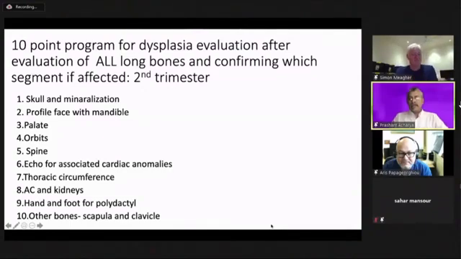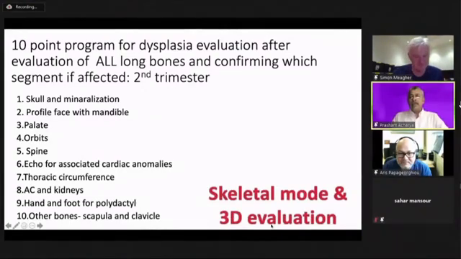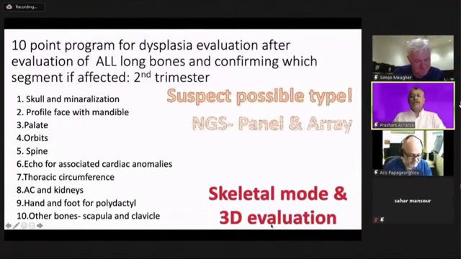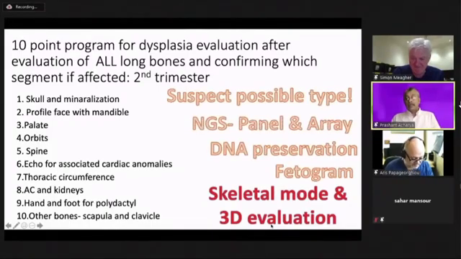You have got that checklist with you, and evaluation of the skeletal model by 3D and 4D with a VCI A plane in particular, and a 3D evaluation of all possible regions which has been mentioned previously, and suspect the possible type, NGS panel and array, DNA preservation, and a fetogram. So in a nutshell, on one slide you will have the entire crux of today's webinar.